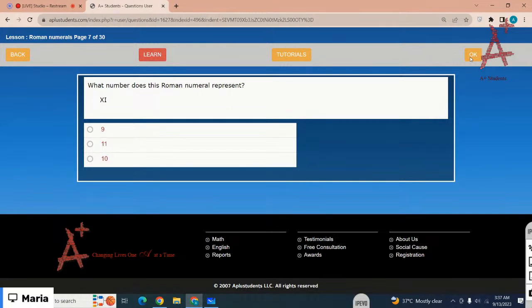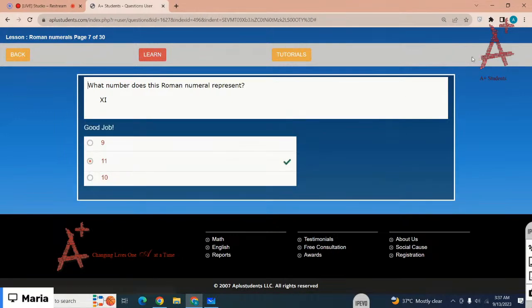What number does this Roman numeral represent? So which is the correct option? That is 11, right? 10 and you have to add 1 on the right hand side, so that would be 11.